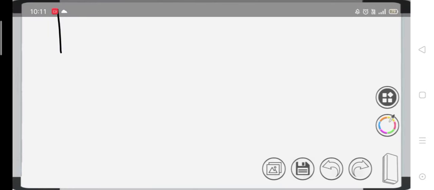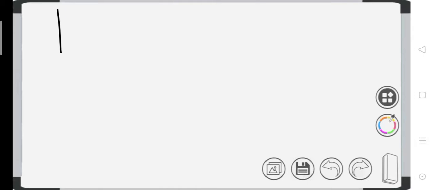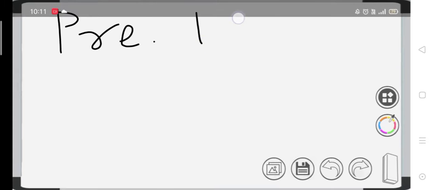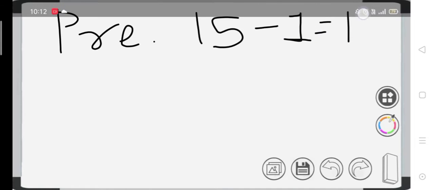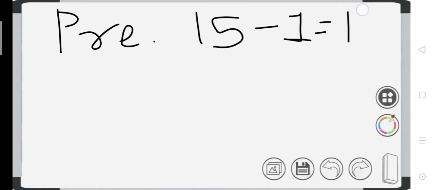Here I am writing predecessor. Now we have to find the predecessor of 15. So I have to subtract 1 from 15 and my answer is 14. So the predecessor of 15 is 14. You have to subtract 1 from any number and you will get the answer.